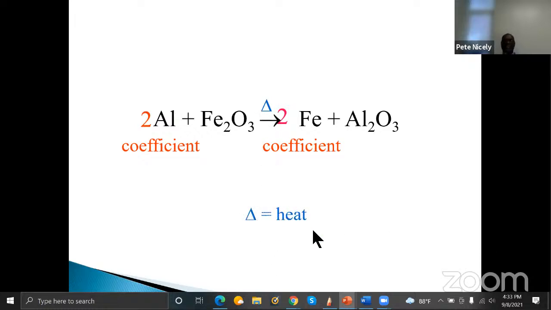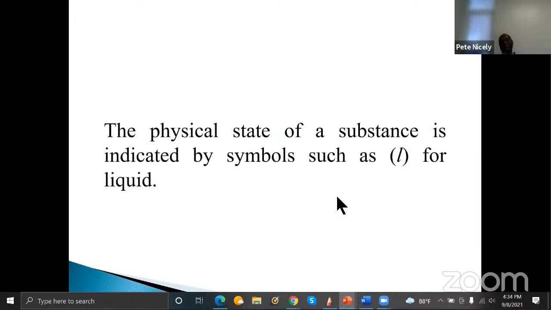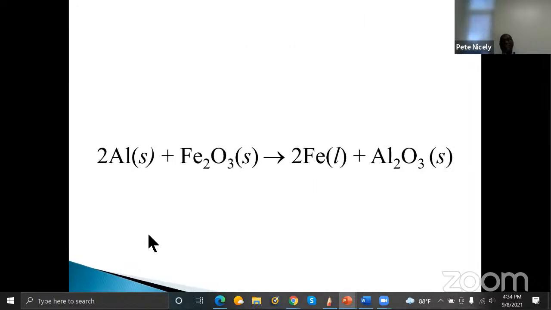So whenever you see that, you understand that for the reaction to occur, some heating must take place, all right? You may see some symbols indicated right next to the particular substance, which basically tells whether or not the substance is in a solid, liquid, gaseous, or aqueous state. So if you see L in parentheses beside the substance, then you know that substance in this reaction is in a liquid state.